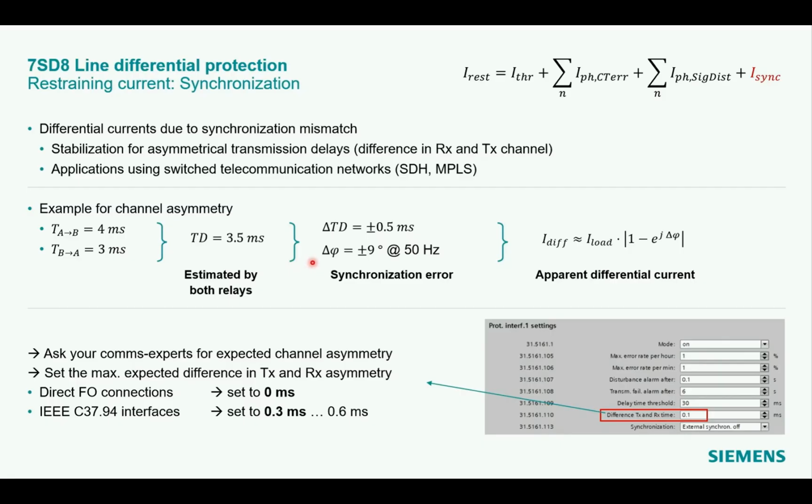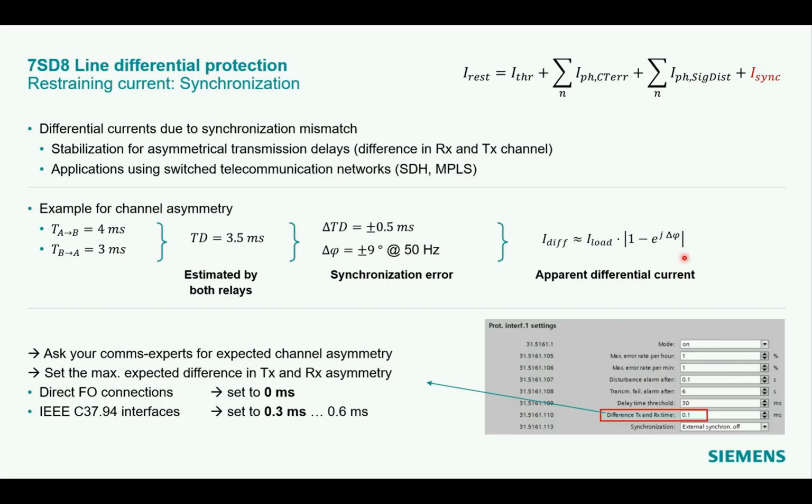This results in a synchronization error of 0.5 milliseconds, which is a phase error of 9 degrees at a 50 Hz system. The apparent differential current seen by both relays is proportional to the load current or the measured current amplitude, but also depending on the phase component.